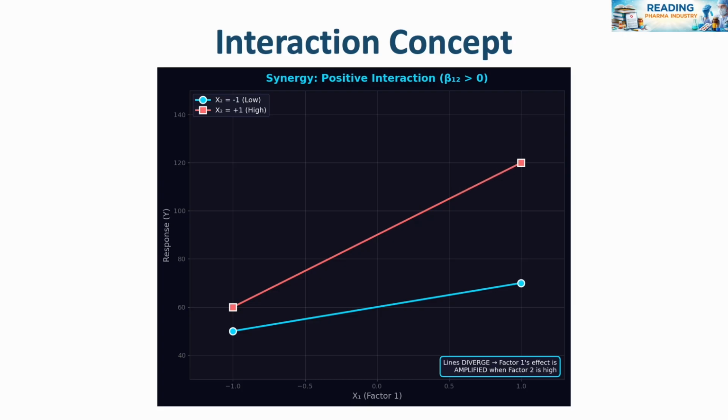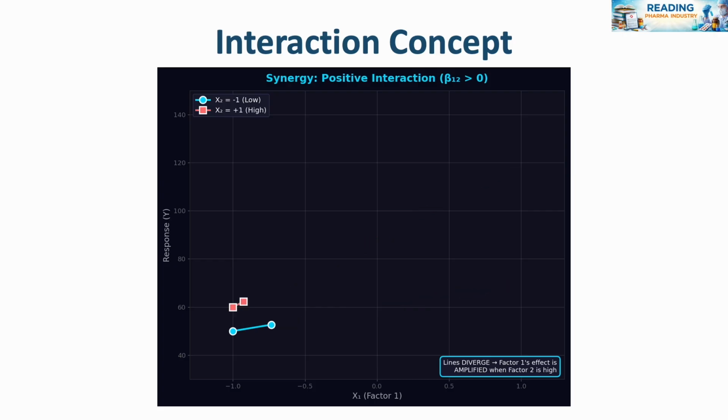So there is an increase when x1 is low, and then you increase the amount of x1, and there will be some increase. But notice the red line here. The red line is high in x2.